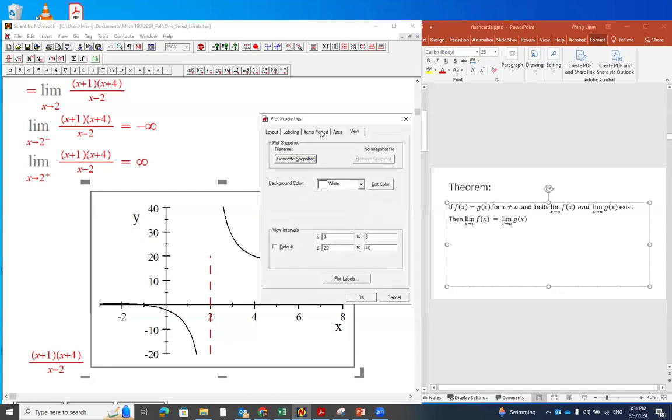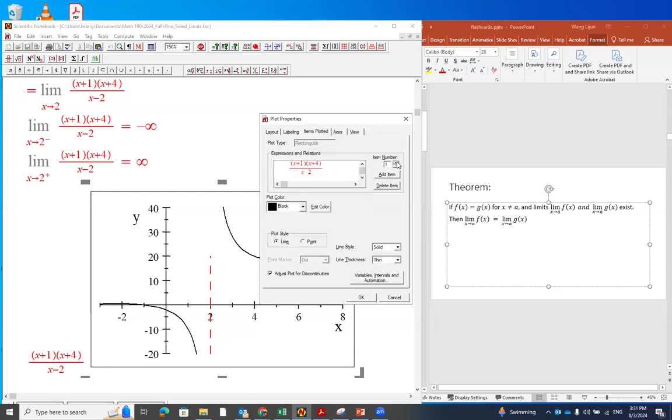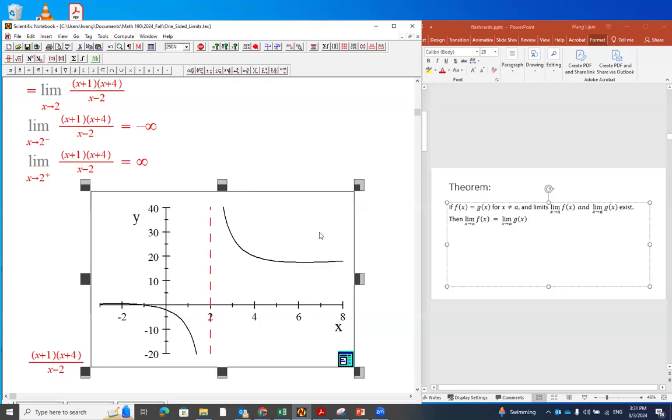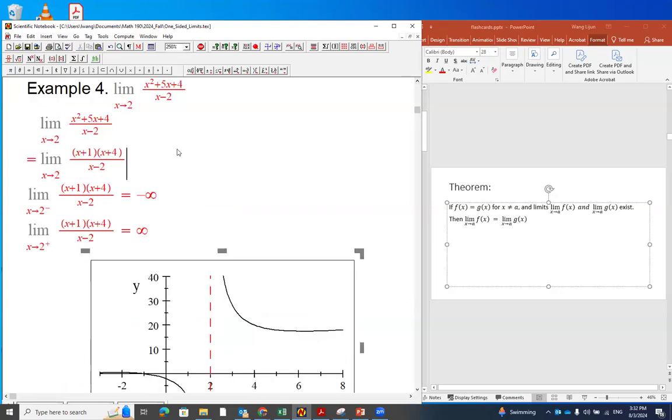And of course, our vertical asymptote will go even higher. Okay, there you go. So that's the vertical asymptote. So obviously, this function does not have a limit. Okay, so you can say that does not exist. So that's example number 4.